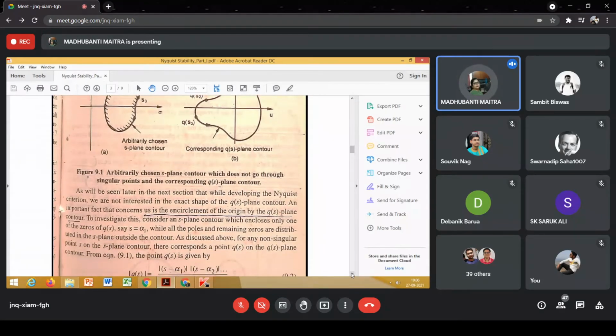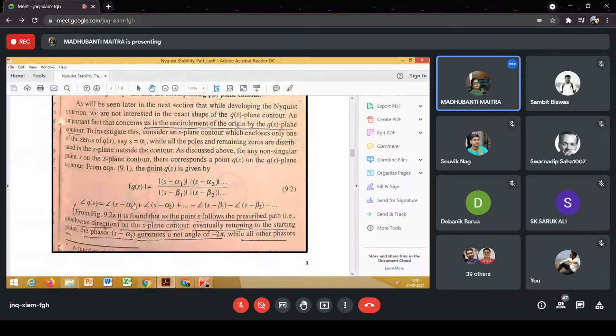For that, the angle contribution by the zeros and poles of Q(S) will be required.